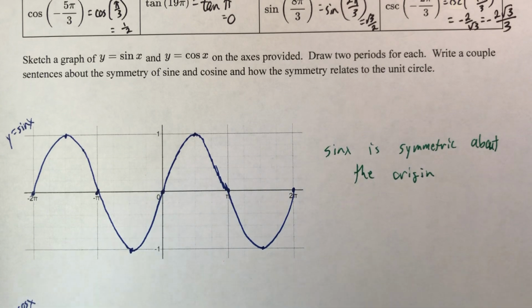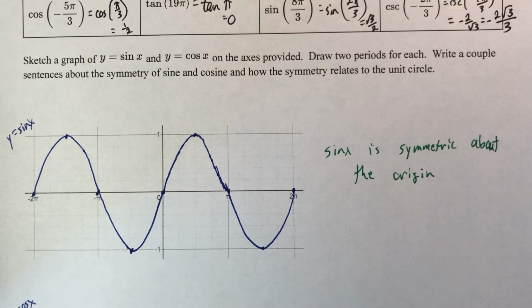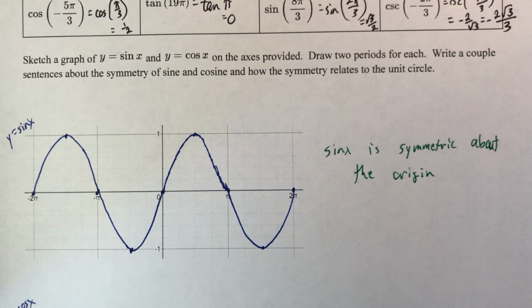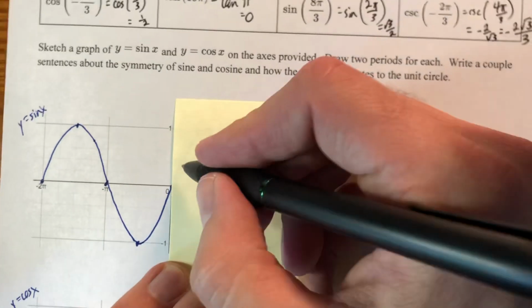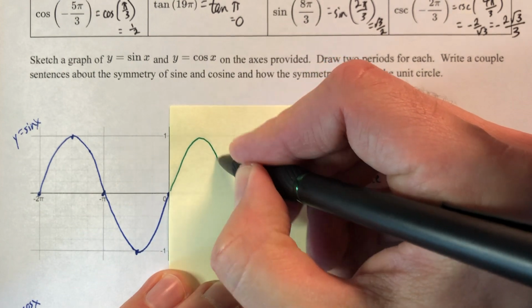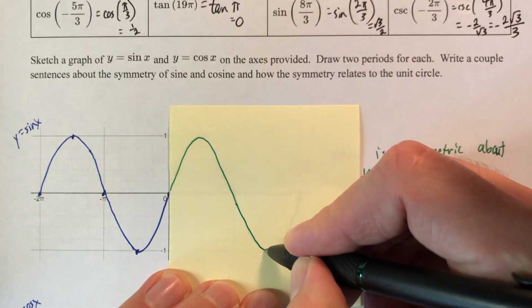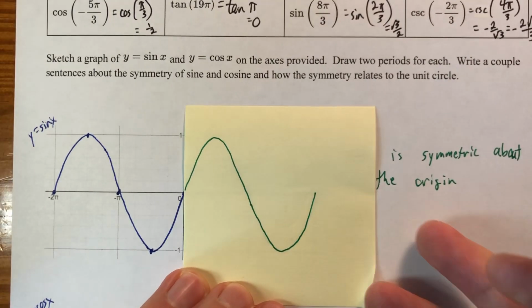If I grab a Post-it note and draw, you can't see what I'm drawing, but you will in a second. Here's what it means to be symmetric about the origin.